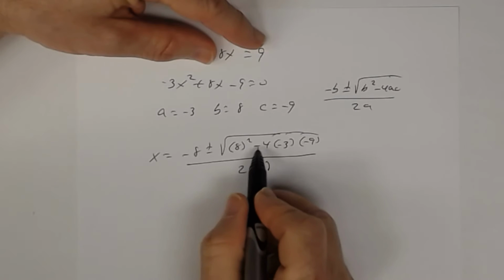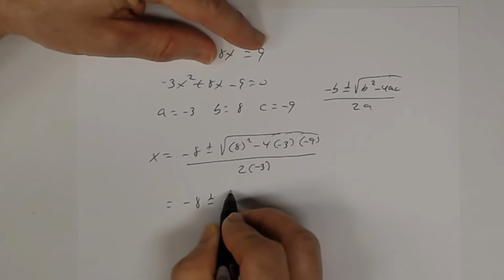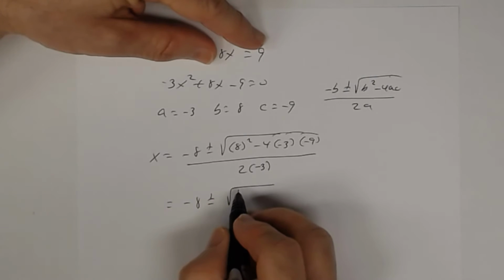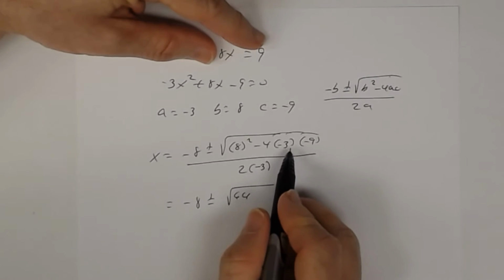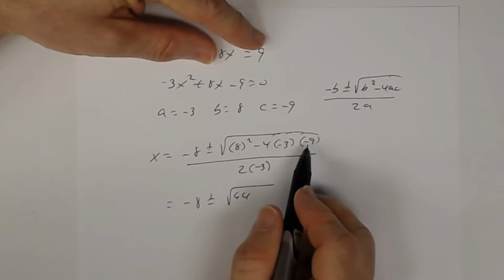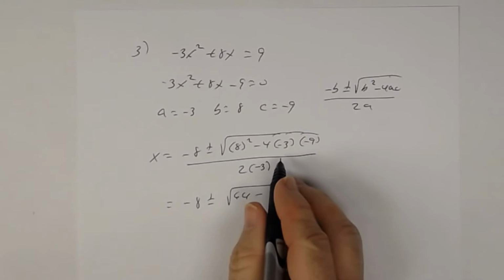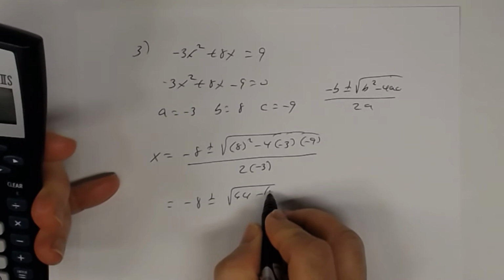Simplifying the radicand, I get negative 8 plus or minus the square root of 8 squared, 64, minus 4 times negative 3 times negative 9. So negative times a negative times a negative is a negative. So 4 times 3 is 12. And so 12 times 9 gives us 108.